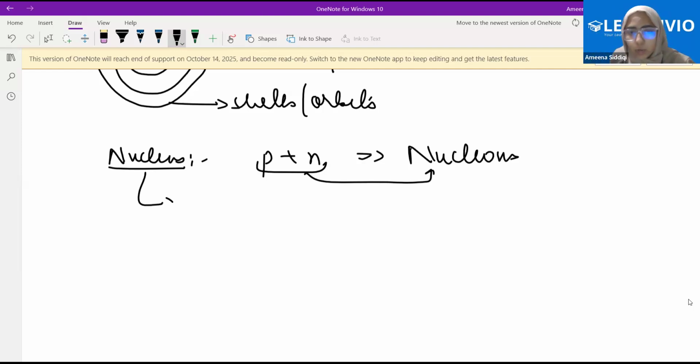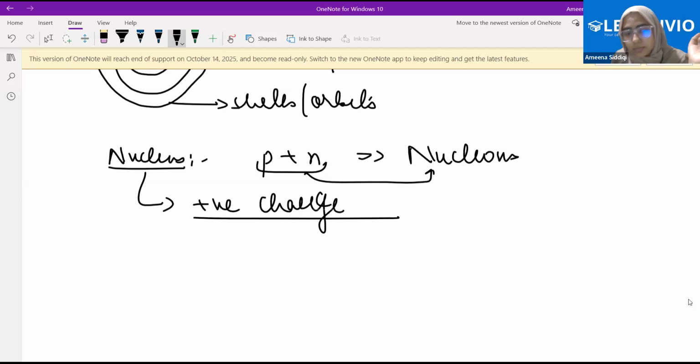Secondly, don't you think that because of the presence of the protons in the nucleus, the nucleus will have a positive charge? Yes. The nucleus has a positive charge because of the presence of only protons.